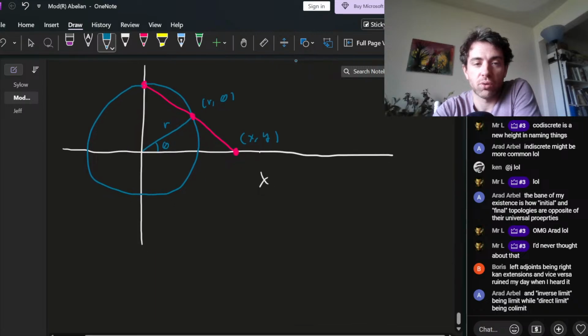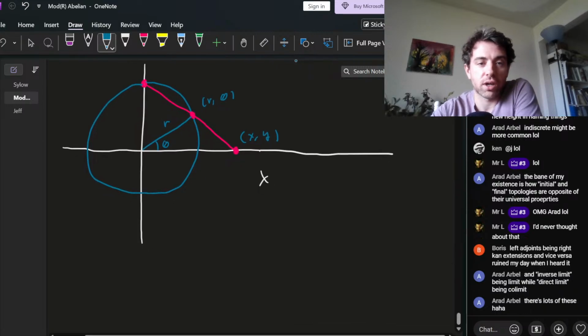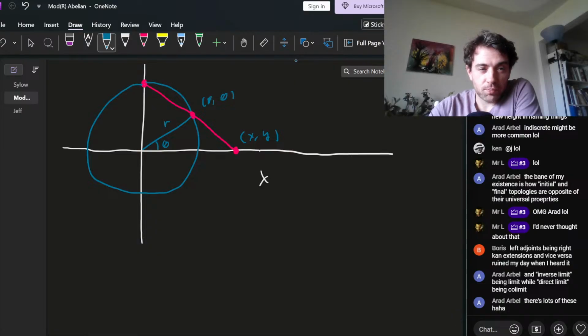Maybe we could go from the coordinates of xy to the coordinates of r, theta. Well, we know that we also have some side lengths. We know that both of these lengths are 1. And we want to go from xy. And we also know that r is 1 too, by the way. So actually, all we need to determine is theta.